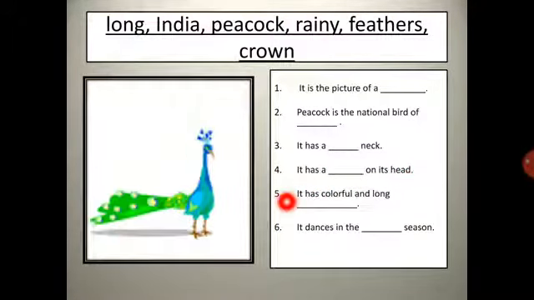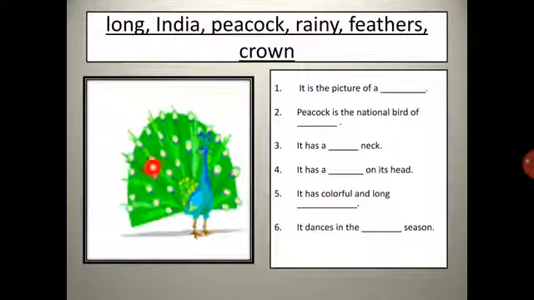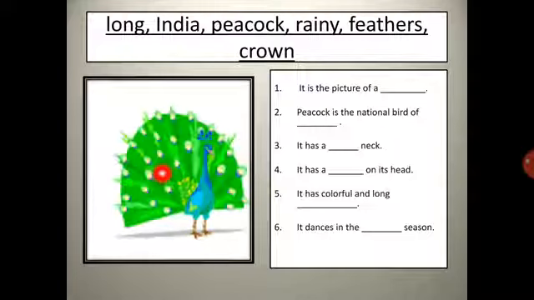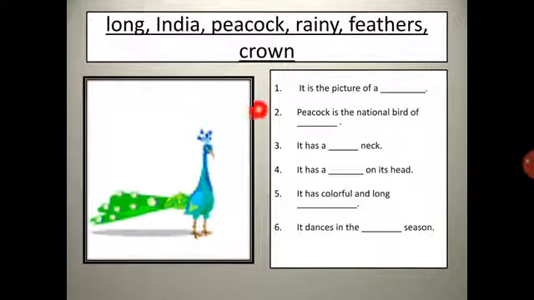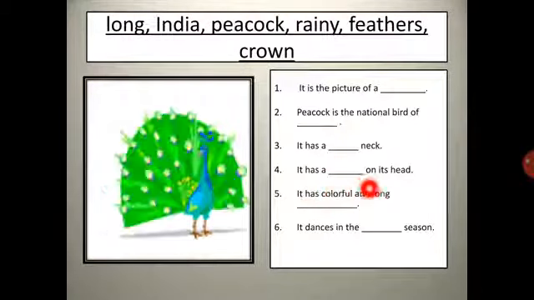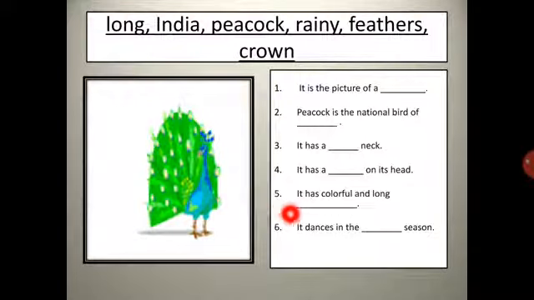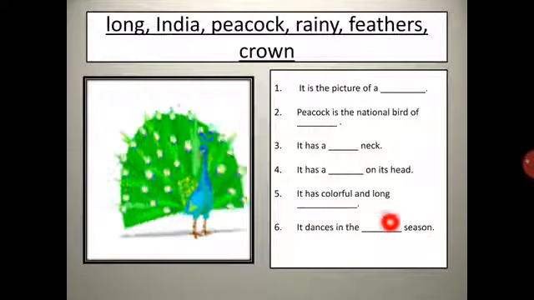Now the question number 5th, it has colorful and long dash. So you can see what are these? These are feathers. It has colorful and long feathers. Now the 6th one, it dances in the dash season.